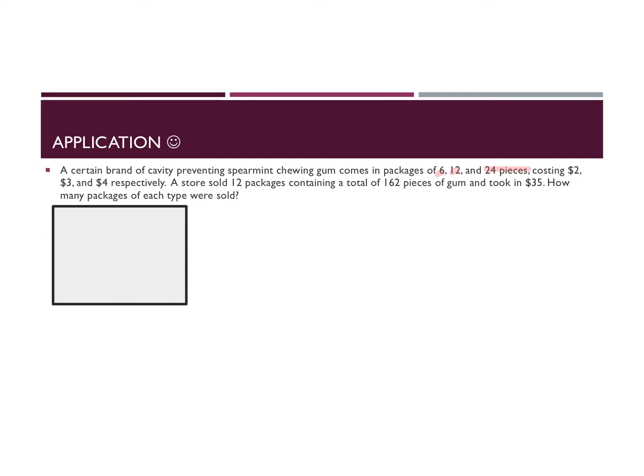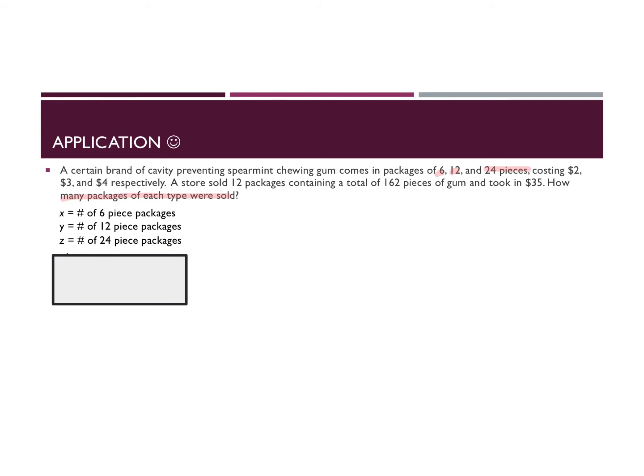How many packages of each type were sold? So the first thing we have to do is determine what our unknown is. Well, we want to know how many packages of gum are sold. So our unknowns, we can say x, y, and z are the 6-pack, the 12-pack, and the 24-pack.